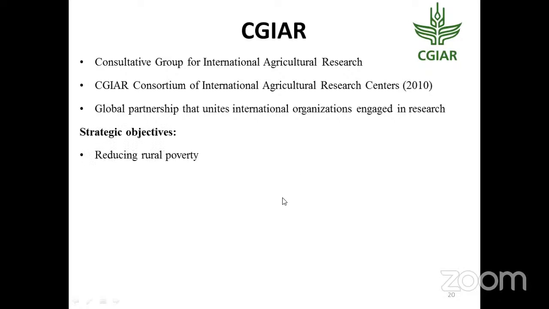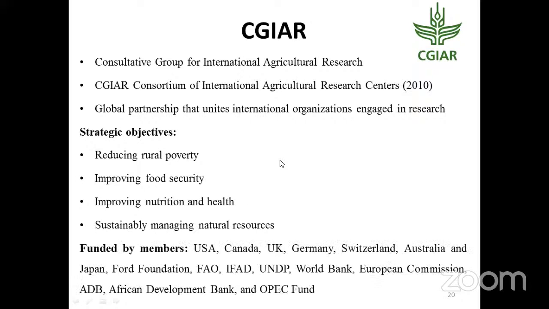CGIAR is a global partnership to unite international organizations in research. These are their strategic objectives, just like other big organizations: removing poverty, ensuring food security and all. And these are the funding members, means countries which fund this CGIAR system.